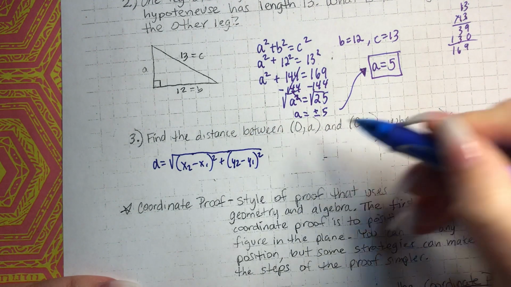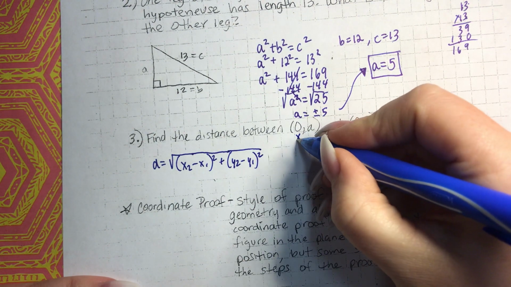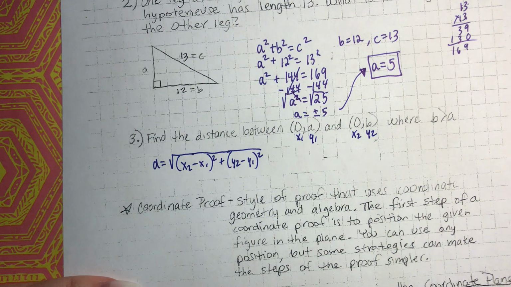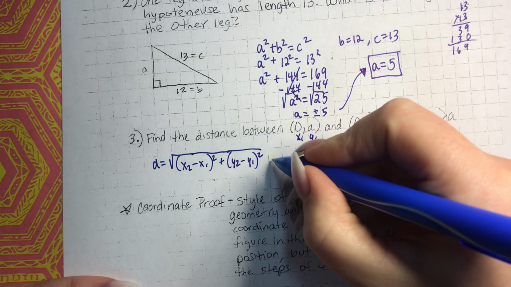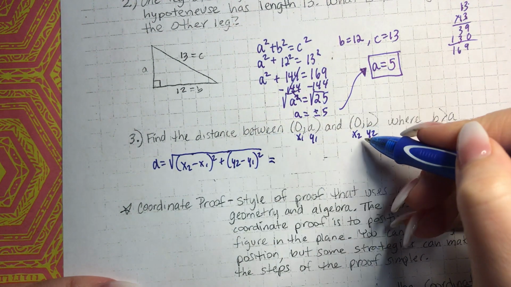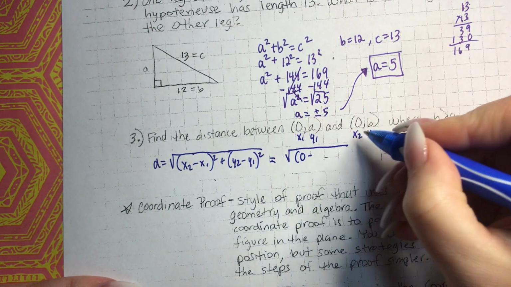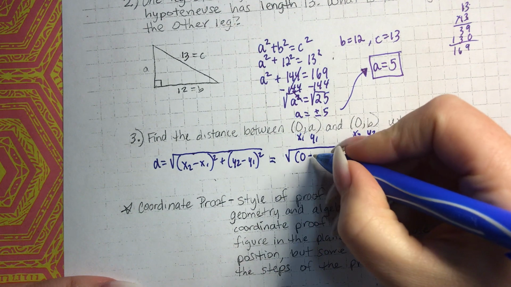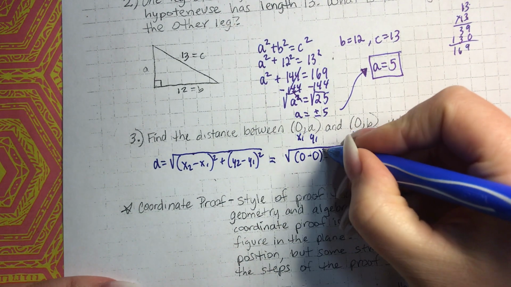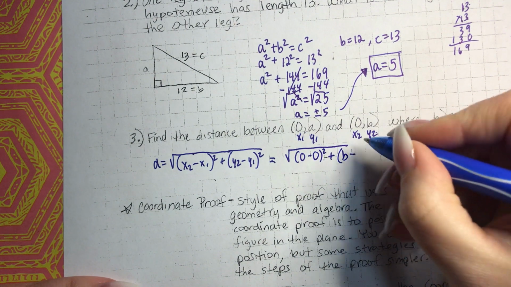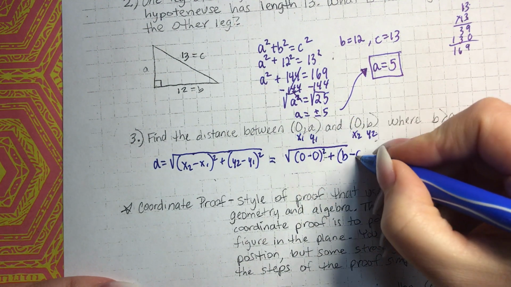I'm going to define these terms: x1, y1, x2, y2. We plug them in, and we end up with (0 minus 0) squared, plus y2 minus y1, which would be a.